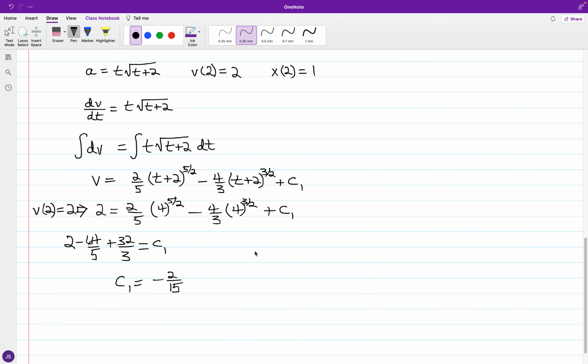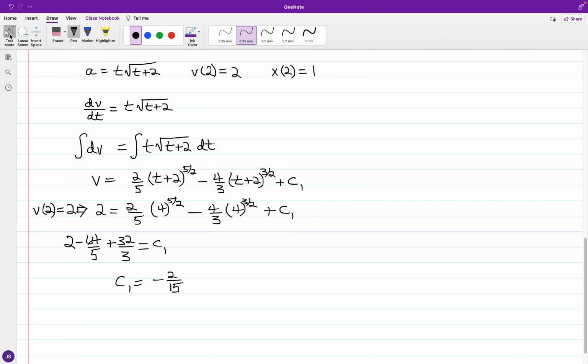And if you notice, c sub 1 is negative 2/15, and that does not match up with the value originally assigned for v. In a lot of cases, especially when the time is 0, the constant and the assigned value for the distance or the velocity will be the same, but not always necessarily.